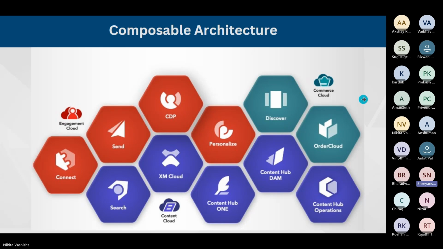So the benefits of using your composable architecture, it gives you more freedom, it gives you more flexibility, and since you buy only the products which are required, you get to choose, and your subscription charges are also very low. So that was the idea behind the composable architecture, which Sitecore is driving or investing heavily into.